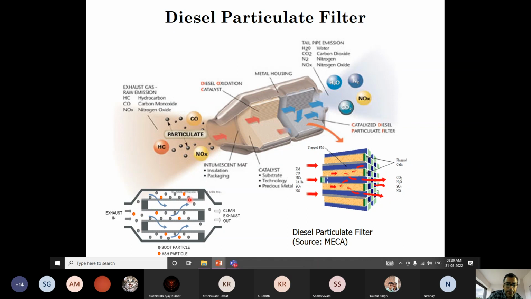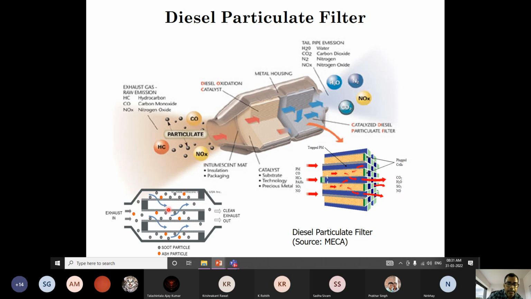So what will happen when exhaust enters into the DPF? It will enter into the channel which is blocked at the end. Let us take this channel on the top: the exhaust is entering that channel and then sees that it is blocked.